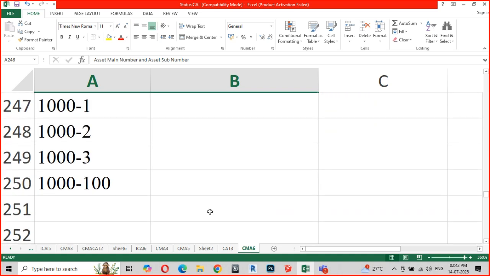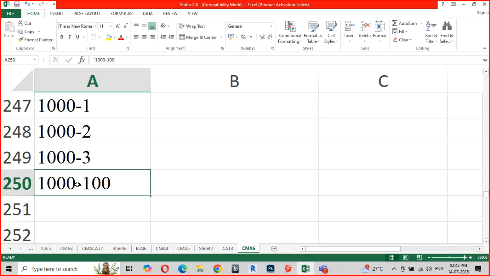Can you see this? The main asset is 1000, which is computer chairs, I'm assuming. And this is how I have asked the SAP system to behave. So like this, I have identified all the 100 chairs by the concept of the asset main number and the asset sub number. Was this concept clear?